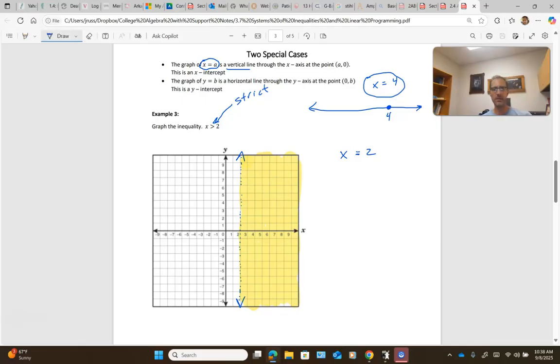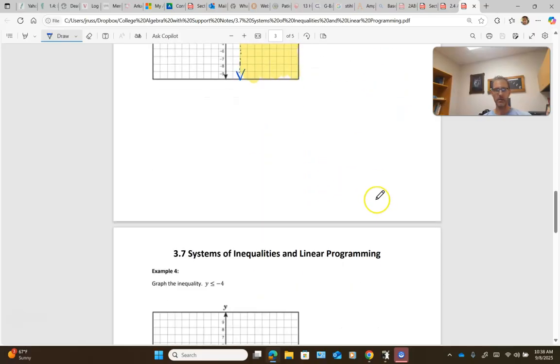Now let's look at the second case. All these ordered pairs here, not the ones on the line, because the points on the line have coordinates in which x is equal to 2, and that's not what this says. This says that x is greater than 2. So it's all the points to the right. Okay, so what about a second case?